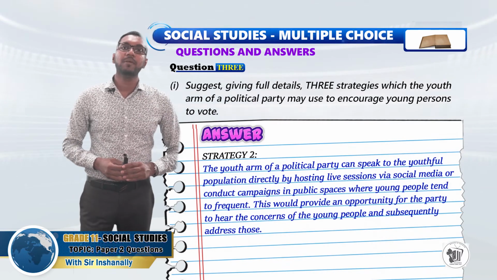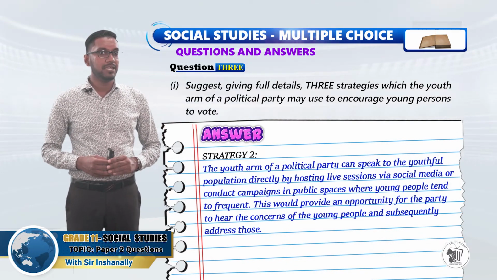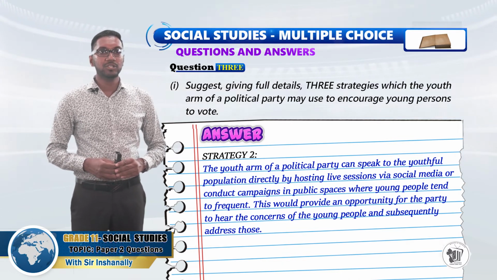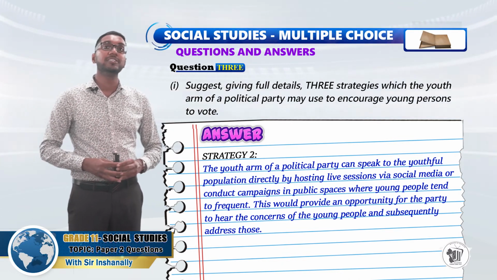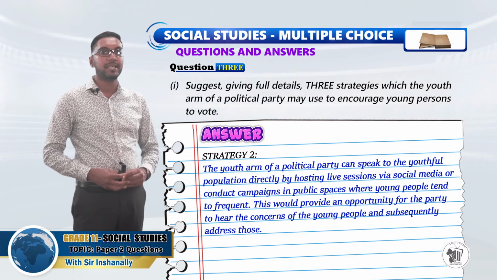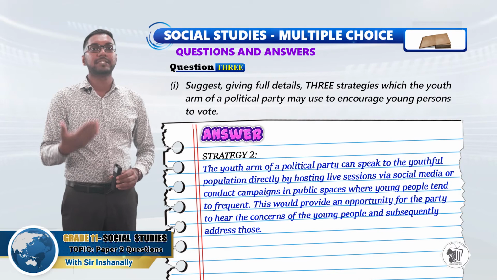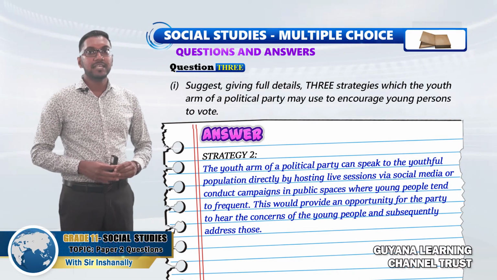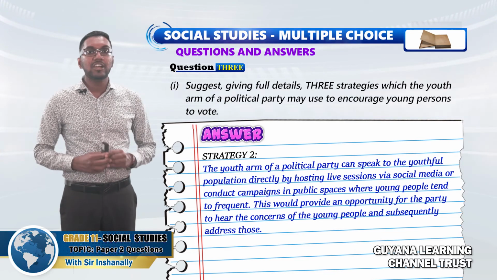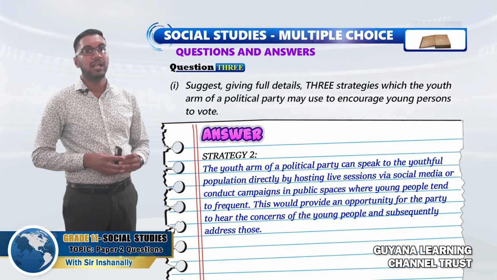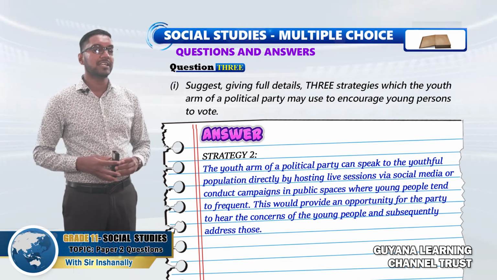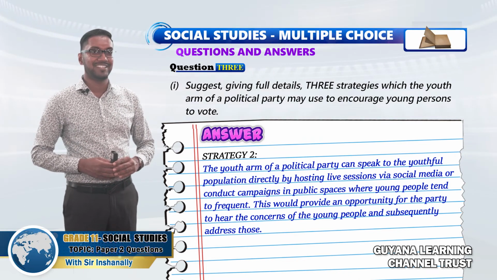The youth arm of a political party can speak to the youthful population directly by hosting live sessions via social media or conduct campaigns in public spaces where young people tend to frequent. This would provide an opportunity for the party to hear the concerns of the young people and subsequently address those. What do you think about this strategy, students?